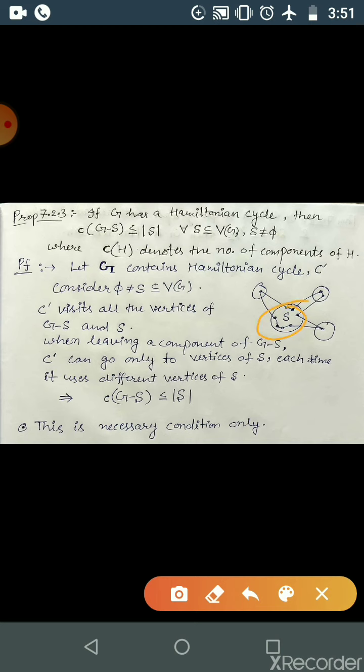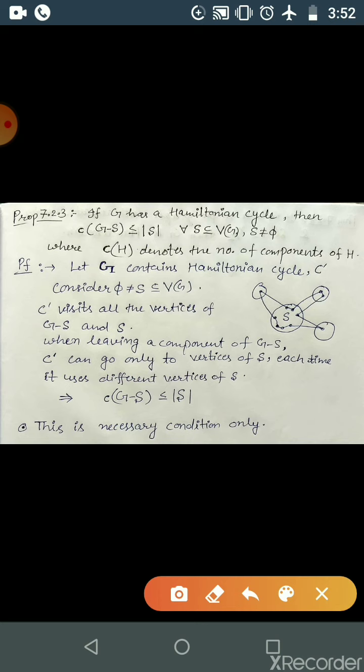So here you can see the number of components is 3, and here more than 3 vertices may be there, or exactly 3 vertices may be there. So we have the number of components of G minus S less than or equal to the cardinality of S, that is, the number of vertices we have removed from G. And this all is happening in G. Now it was an arbitrary set, so this is true for every non-empty set.